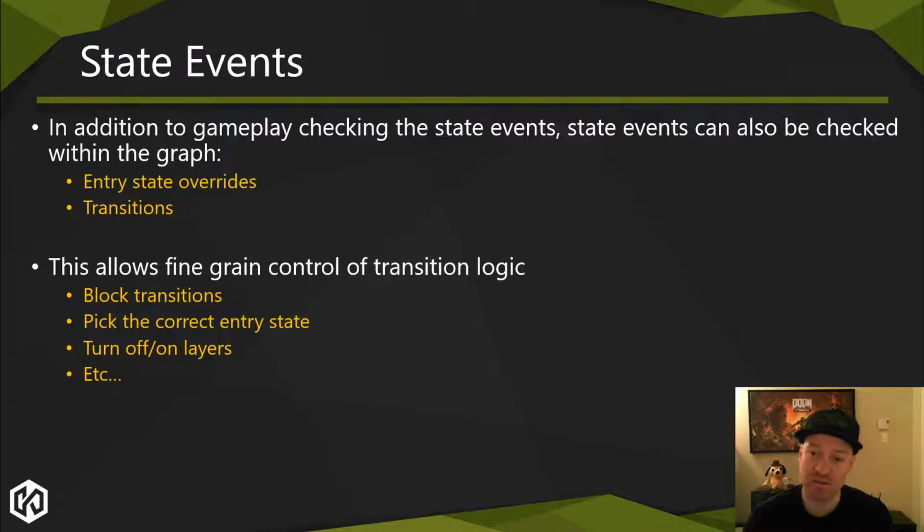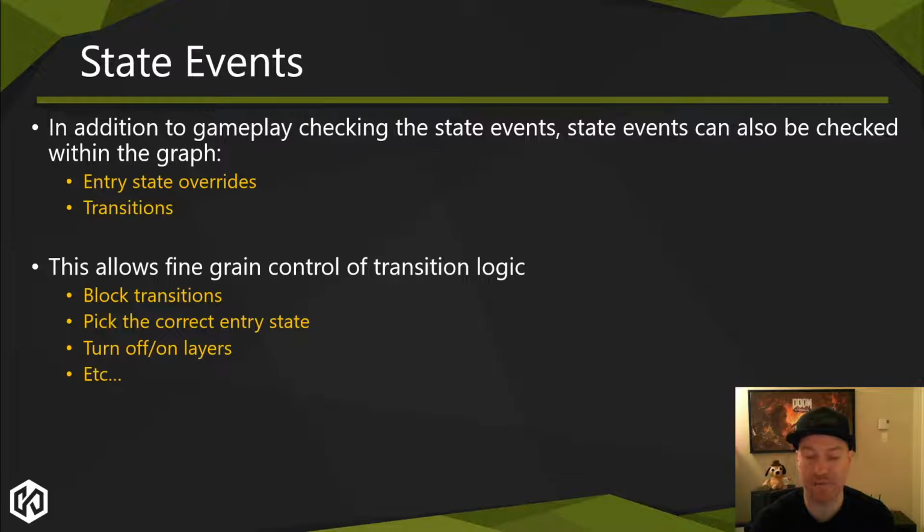State events also have a huge benefit in that it can be used within the graph itself to know where we are and what we're currently doing. So in that example where I talked about the entry state overrides, they would fundamentally be checking those state tags. So we would evaluate the state machine and we would take that event.